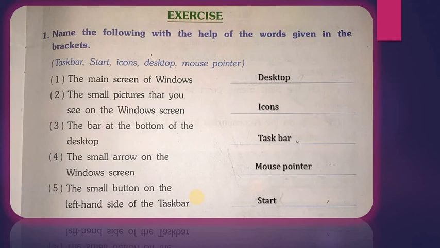Then we can see the name of the following, which you can see on the screen. There we have 5, and this is also your textbook picture that I will take here and use for your reference, so you can understand very clearly all the button names, all the program names, and which button is used for what in your computer.